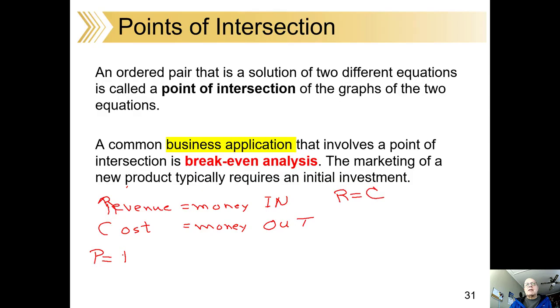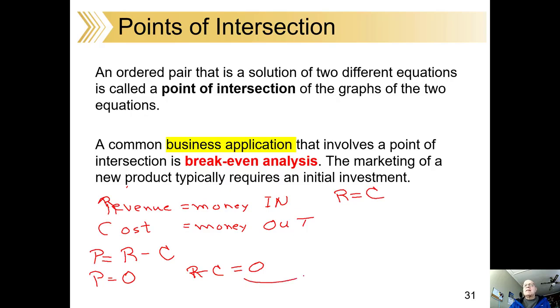Well, the profit is the money that comes in minus all those checks you have to write. What's left over? Well, to break even, that means the profit is zero. You don't make money, you don't lose money. Or R minus C equals 0. Two ways of looking at the same thing.